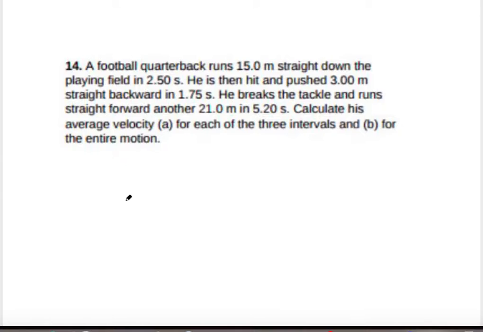So number 14, we have a football quarterback that runs 15 meters straight down the field in 2.5 seconds. So I have delta x of 15 meters in a time of 2.5 seconds.